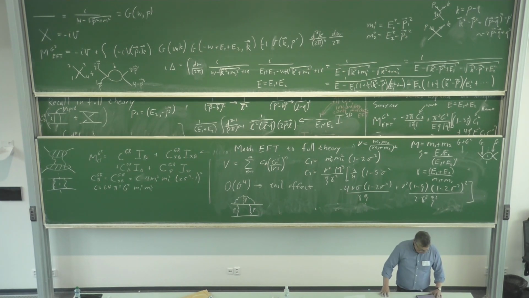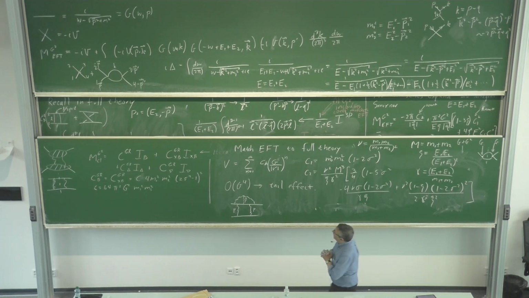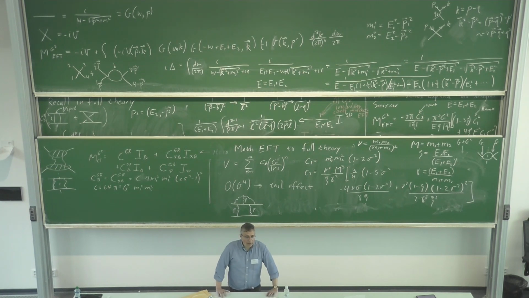There's also some other issues that maybe I want to discuss before finishing. What's very important in this game to make progress is the integrals. So if you're paying attention to Johannes Henn and maybe Lance was talking about integrals, they're very important. These integrals that we have to do, they're just like Feynman integrals.